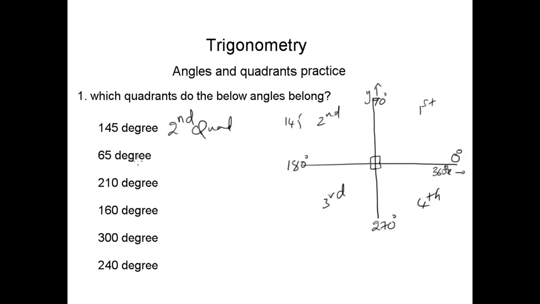Let's do 65 degrees, it's between 0 and 90, right? So this is the first quadrant.